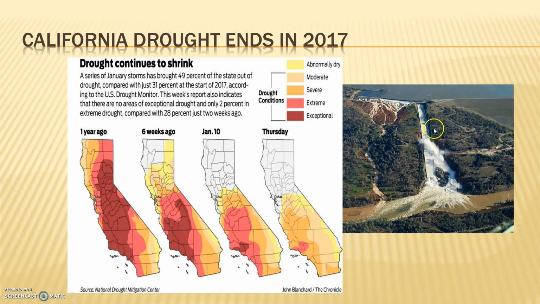This was in the news, and there was concern that the entire dam might fail, but fortunately they were able to get the water levels down behind the reservoir dam and hence stop using this emergency spillway, and now they're working on repairing and fixing it. But that is a side effect of the drought that happened in California with the heavy rains that happened in the spring.